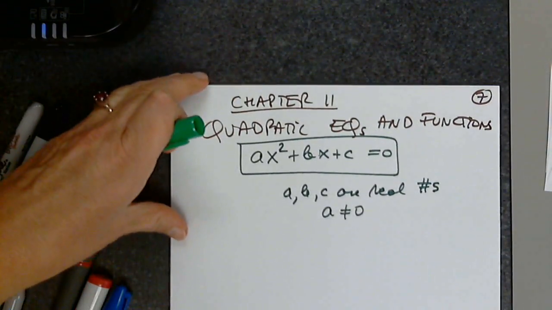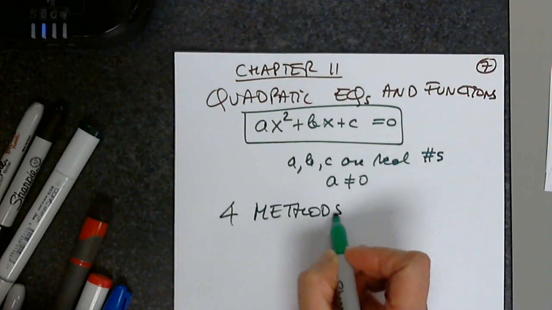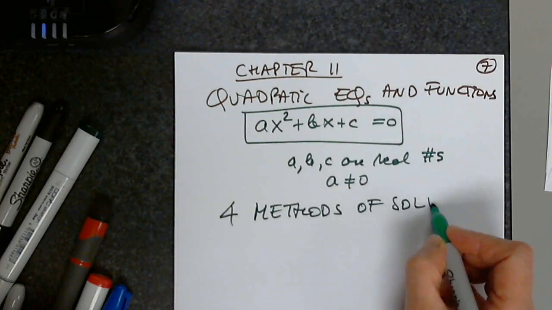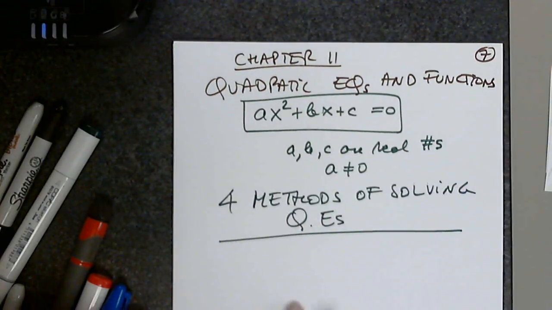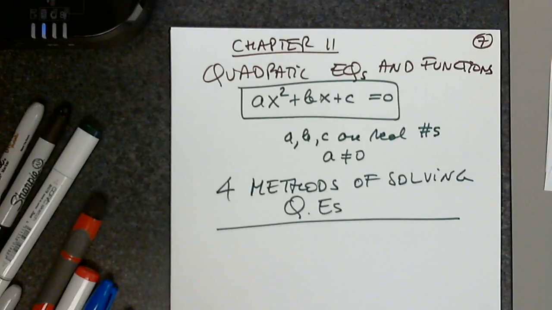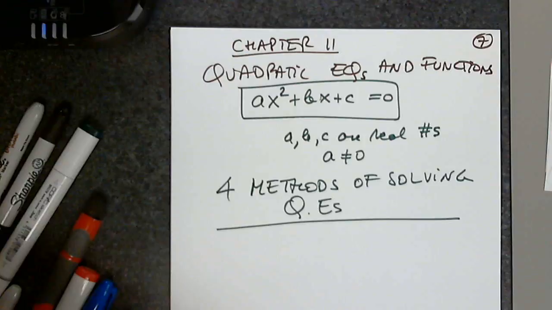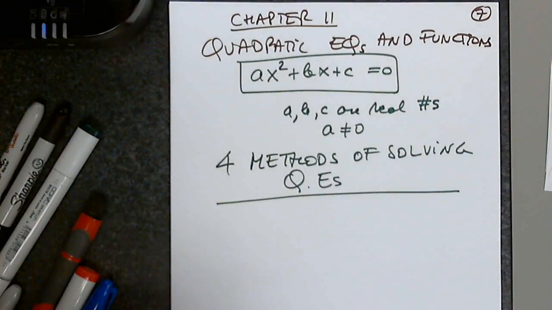Good. So 4 methods of solving quadratic equations. And you can say, really? Do I really need 4? The answer is yes and no. And I'll tell you why yes, and I'll tell you why no. One of the methods alone cannot solve quadratic equations.